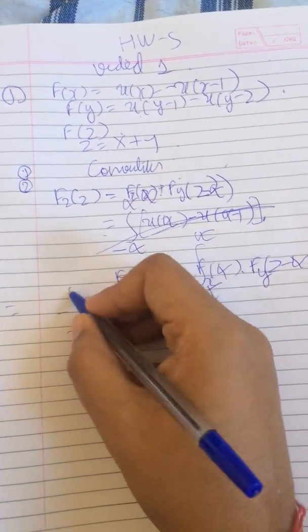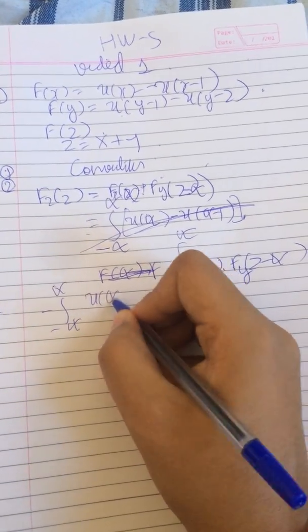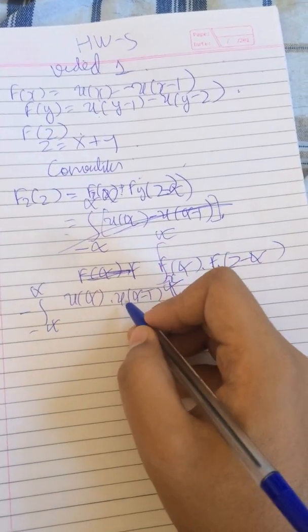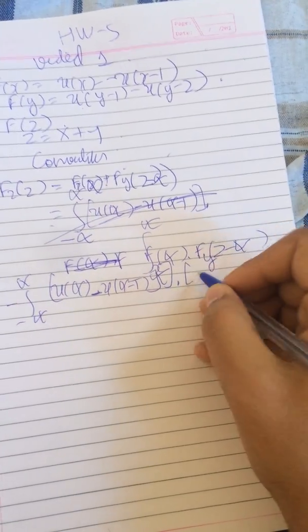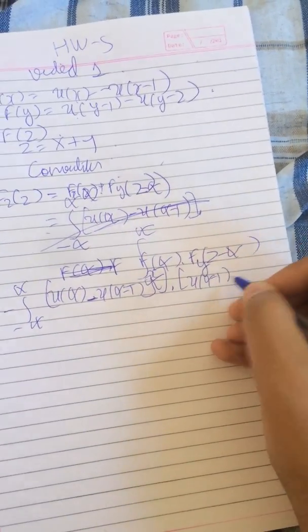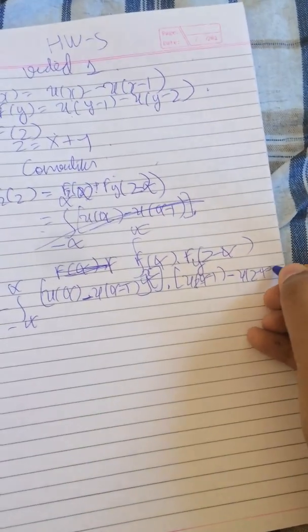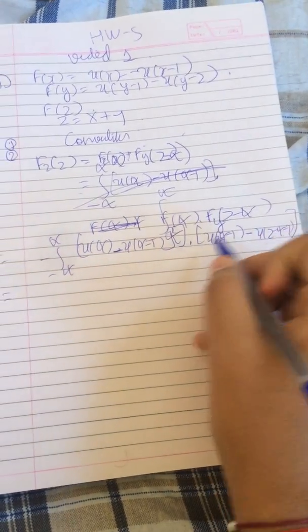We get u of alpha minus u of alpha minus 1, into u of z minus alpha minus 1 minus u of z minus alpha minus 2.